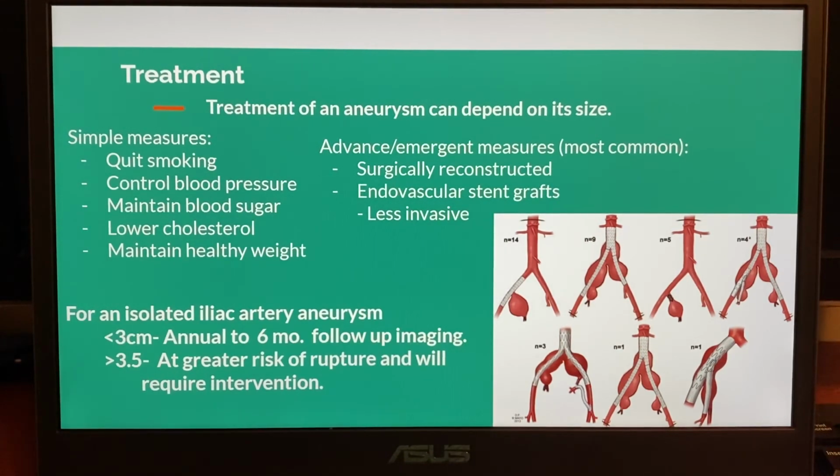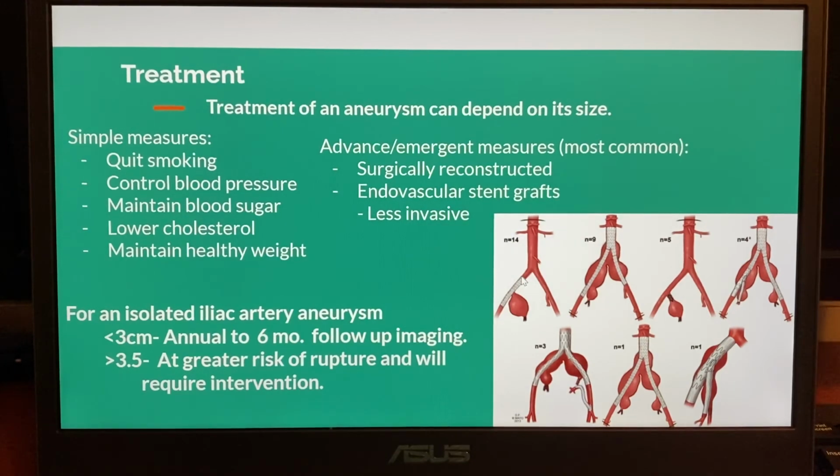If the aneurysm size has increased to the extent that there needs to be emergent care taken, they can surgically reconstruct it using endovascular stent grafts. They use these grafts if the aneurysm is not ruptured. It is less invasive, and what they do is they will go up into the femoral artery and go up to the common iliac, and they have their guide wire come up into this area.